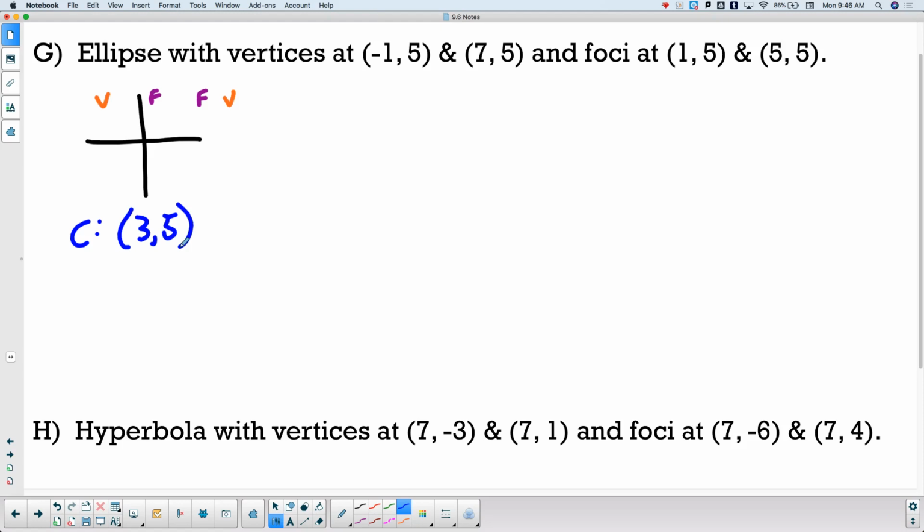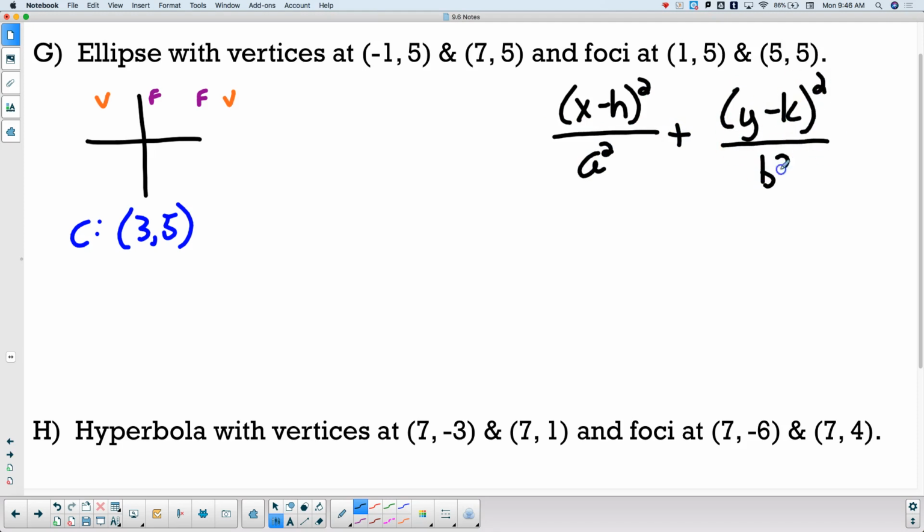With that being said, this one is going to be (x minus h) quantity squared over a squared plus (y minus k) quantity squared over b squared equals 1. If my center is in there, then this is a, right? Which is how much? 4.